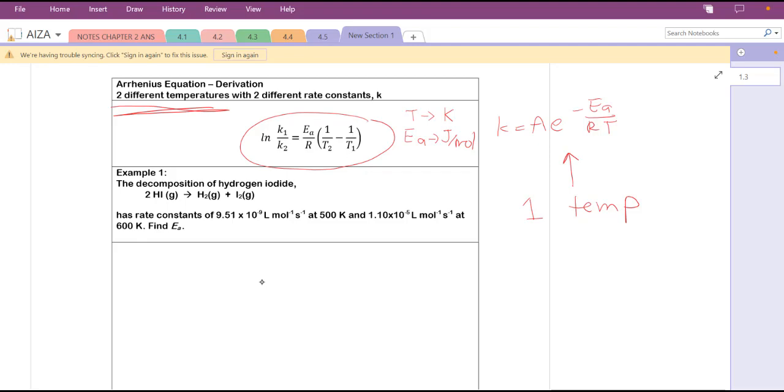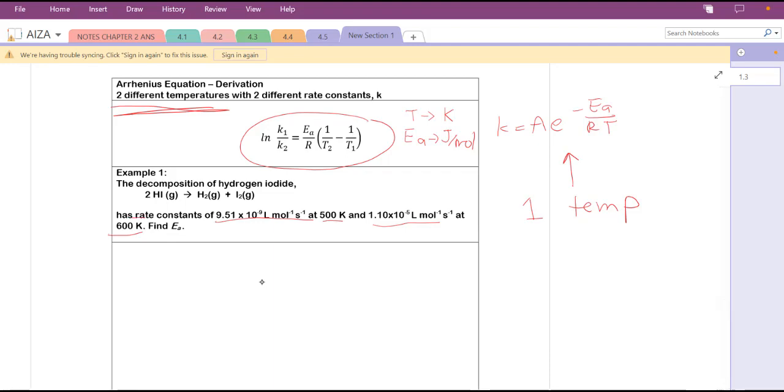The decomposition of hydrogen iodide: given the equation, it has a rate constant of this value at 500 Kelvin, and another rate constant at 600 Kelvin. The question asks you to find activation energy.